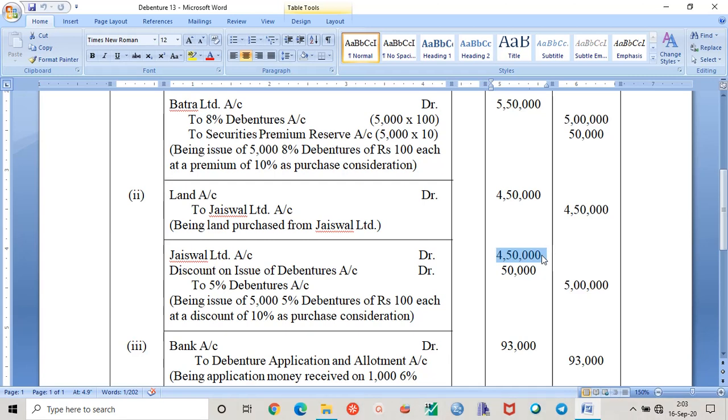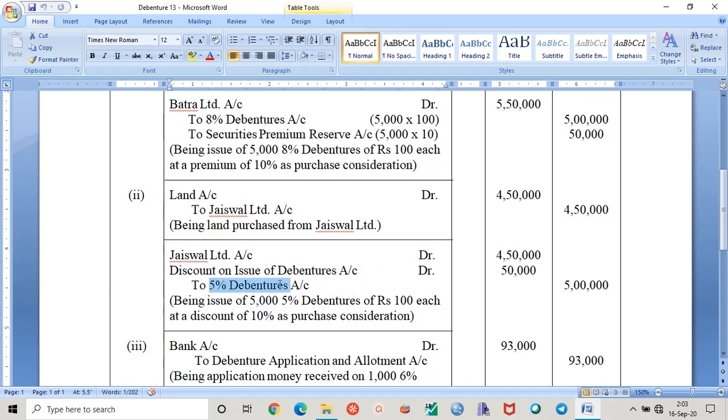So let us assume that the debentures have the face value of rupees 100. So 100 minus 10 will be how much? 90. So this 4,50,000 divided by 90 will be 5,000. So this is how you get 5,000 number of debentures.